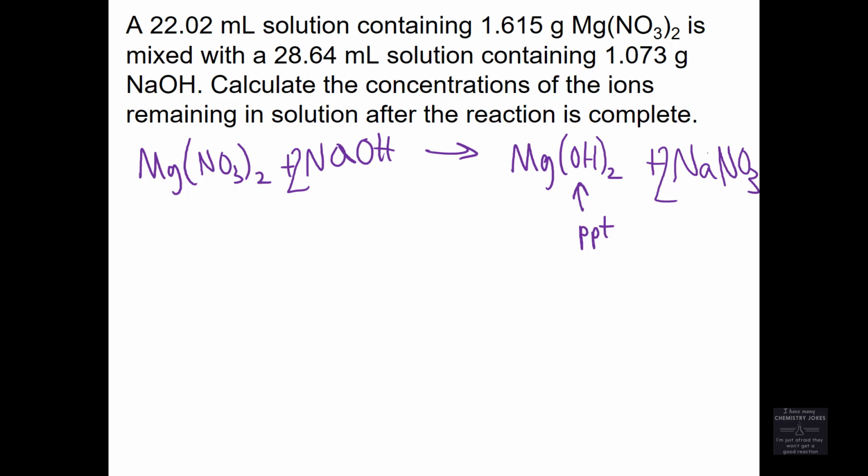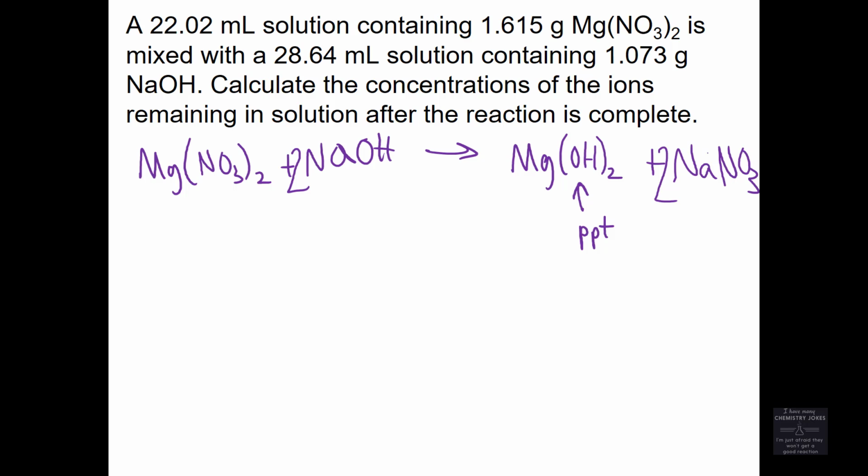So they could have asked us, what's the limiting reactant? How much precipitate forms? But no, this time they're asking, what's the concentration of the ions in solution after the reaction is complete? Oh, brother. We are going to shortcut this and not work through the whole thing.